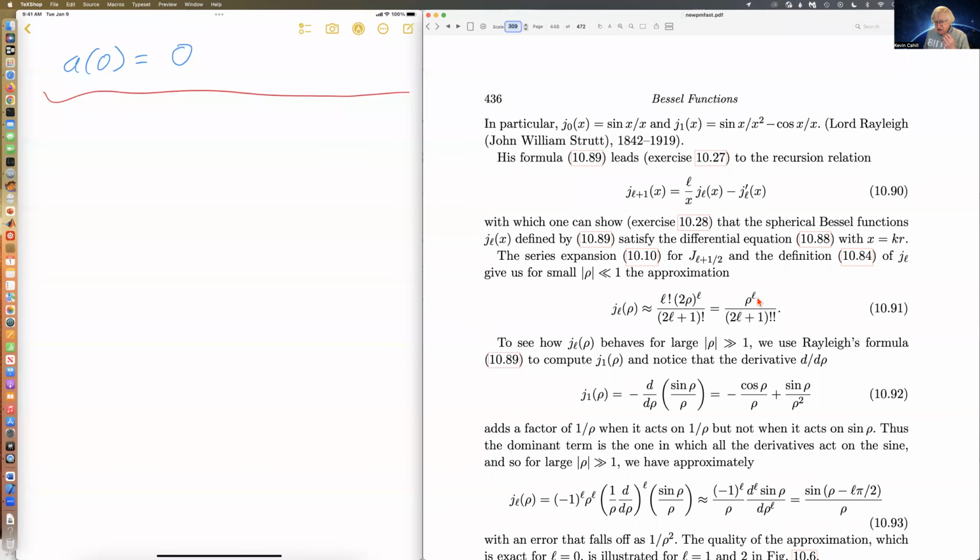And that's because if rho is very small, in other words, super short range, then rho to the 0 is 1. Whereas if l is, say, 3 and rho is very, very small, you have something that's super small.